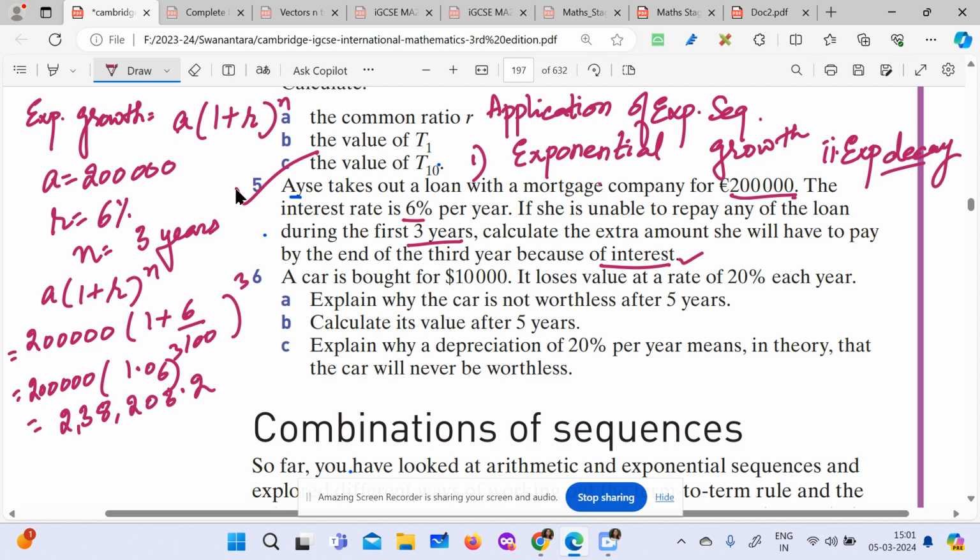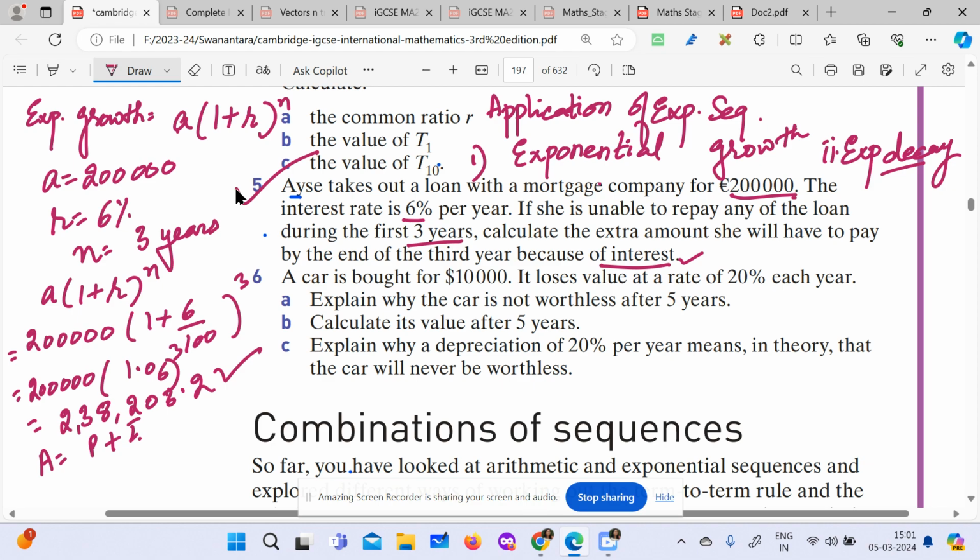Your question is what is the interest she will be paying? See, you know that amount is principal plus interest. Principal is the initial amount and this is interest. When you add these two together, you get this value.